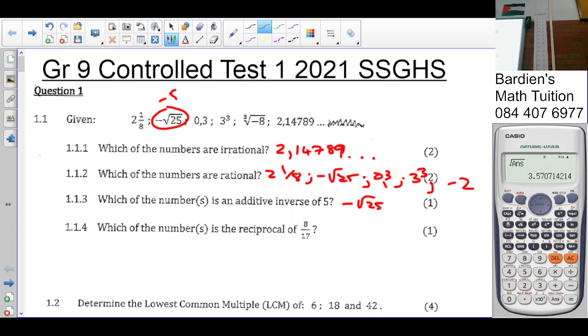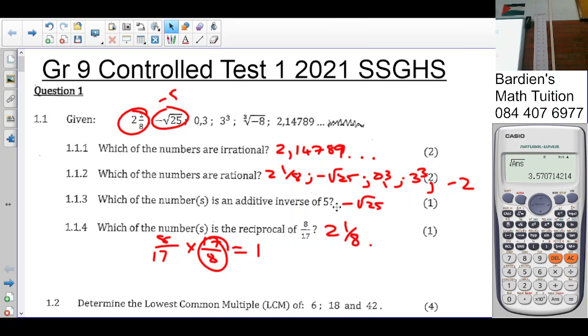You multiply the two numbers, it should give you an answer of 1. So 8 over 17 times what is going to give you an answer of 1? 17 over 8. 17 over 8 can simplify into 2 and 1 over 8. Okay? You guys understand? So, we go to the next question.